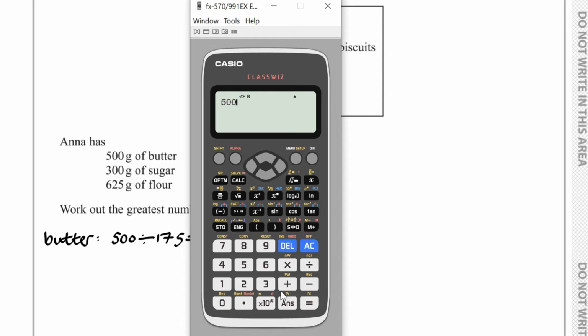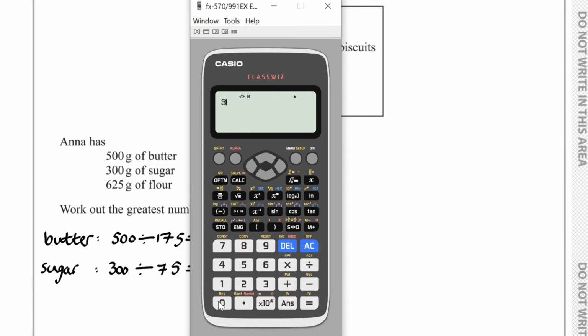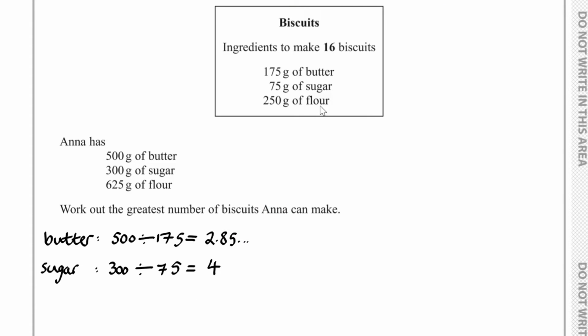If we work this out, it turns out we get 2.85, etc. If we think about the sugar, we have 300 divided by 75, which is 4. And if we think about the flour, we have 625 divided by 250, which turns out to be 2.5.